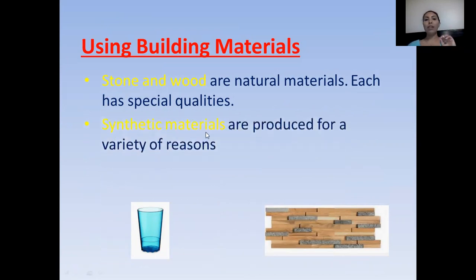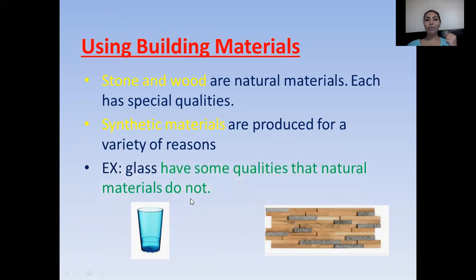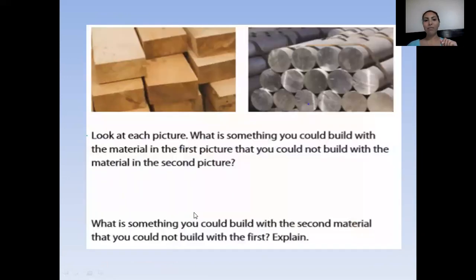Also, synthetic materials are produced for a variety of reasons, like we can use synthetic material like glass to make a glass cup and we can drink in it. So, glass has some qualities that natural materials do not.